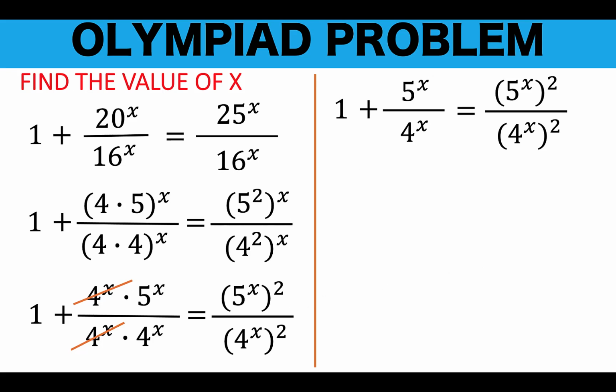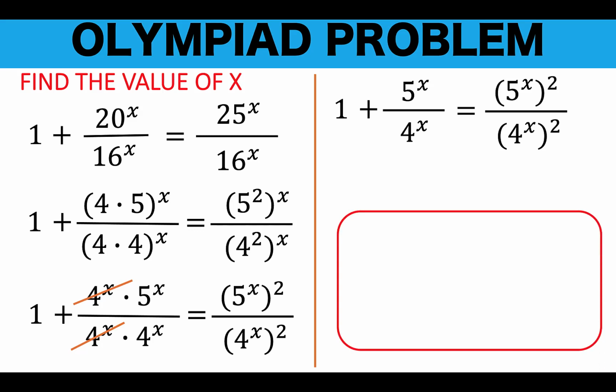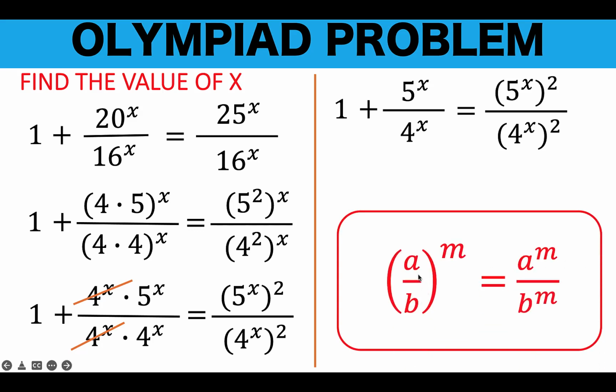Now let's recall another law of exponent. When we have a fraction a over b raised to an exponent m, that is equal to the numerator raised to m over the denominator raised to m. We can use the converse of this rule in order to write 5 raised to x over 4 raised to x as a fraction raised to an exponent. And so, we first copy 1.